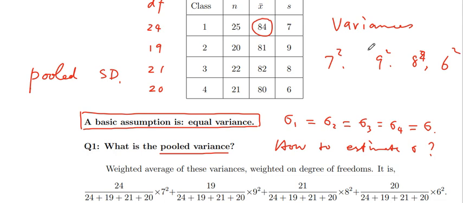So the answer is yes or no. Sometimes yes. So let's say logically, if we wanted to say class 1 is better than the other classes, this one is the best, then we need to check they are different, not the same.